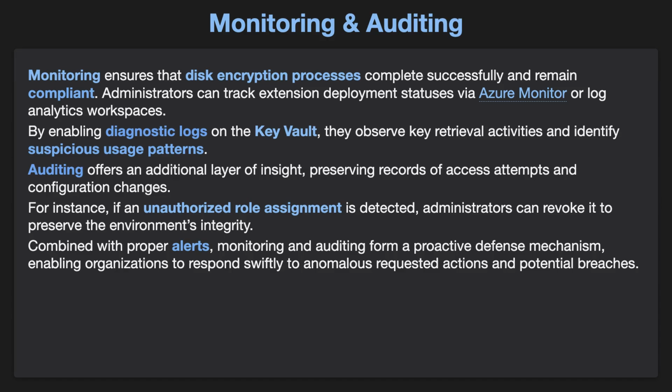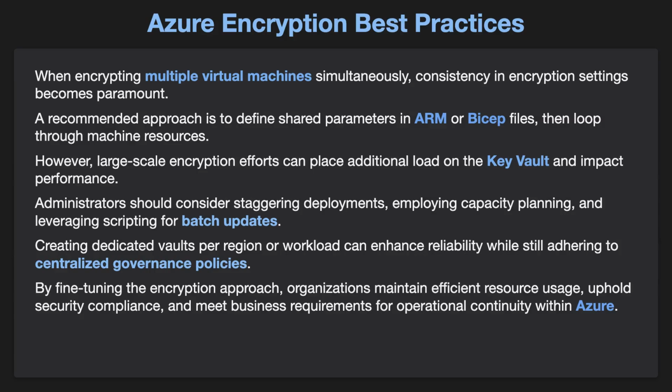When encrypting multiple virtual machines simultaneously, consistency in encryption settings becomes paramount. A recommended approach is to define shared parameters in ARM or Bicep files, then loop through machine resources. However, large-scale encryption efforts can place additional load on the key vault and impact performance.